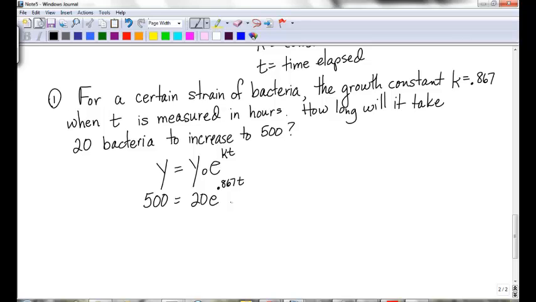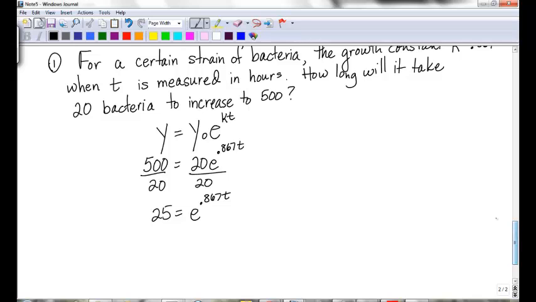Now I'm going to work this two different ways, and then you have your choice which way you like better. First, let's divide by 20. If you divide that out, you're going to get 25 equals e to the 0.867t. Then I sub in my 2.72.